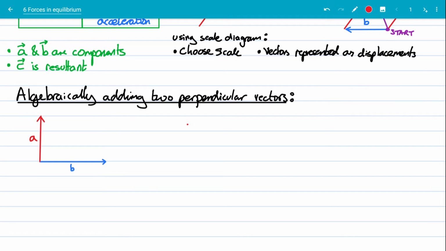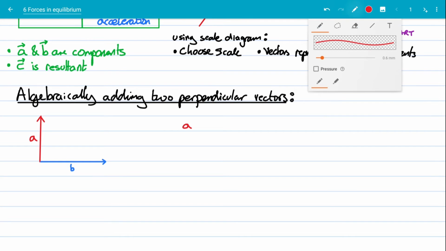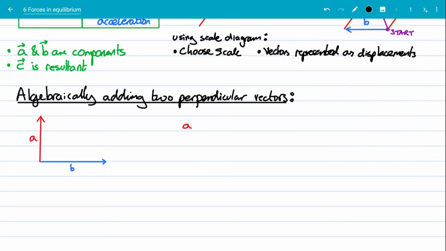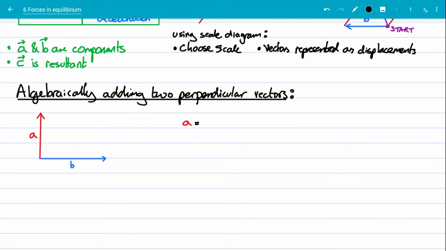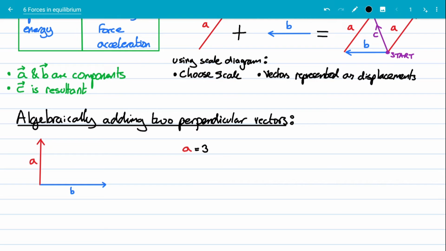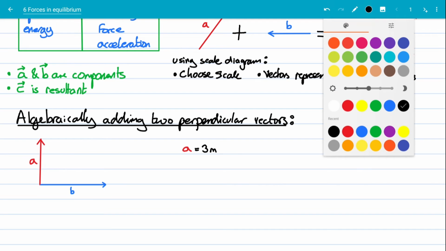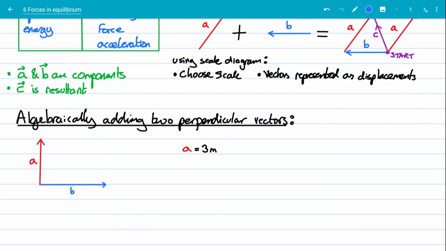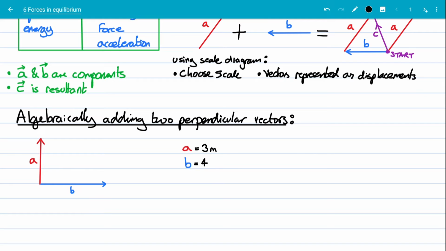And perhaps we could say that A is equal to, let's say, 3 units. Now, what is the unit? It doesn't matter. These could be displacement vectors, in which case it might be 3 meters or 3 centimeters or 3 inches or whatever. They could be forces, and it would be 3 newtons. We're still representing it graphically at the moment, so it doesn't really matter. And B is going to be, let's say, 4 meters, just for what I think are fairly obvious reasons.